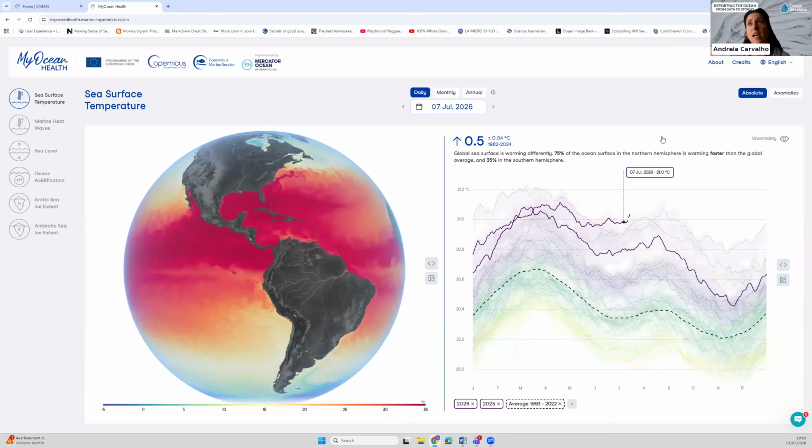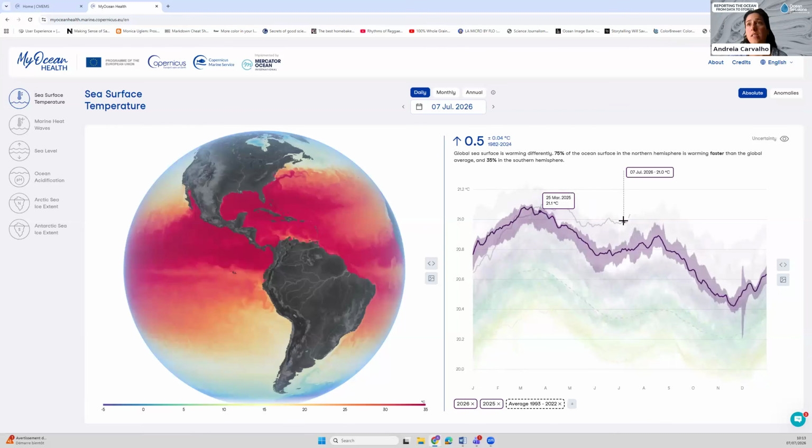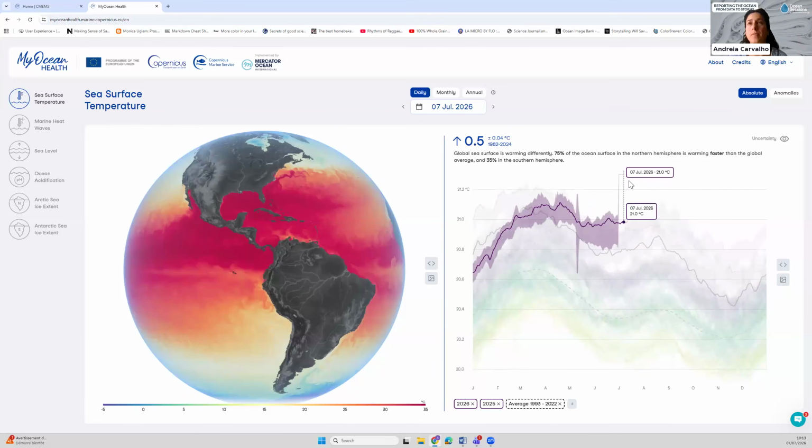And on the right-hand side, we have a temporal representation, so a graph that represents daily sea surface temperature for the global ocean, all the way since 1993, the beginning of Copernicus Marine Service data records, all the way to today's measurements.